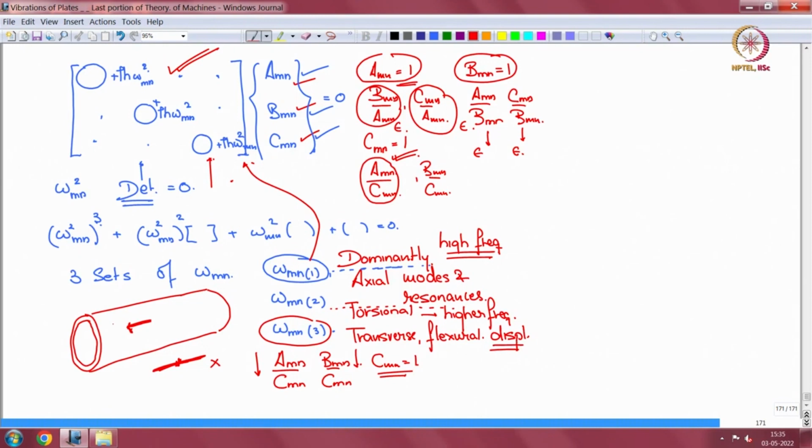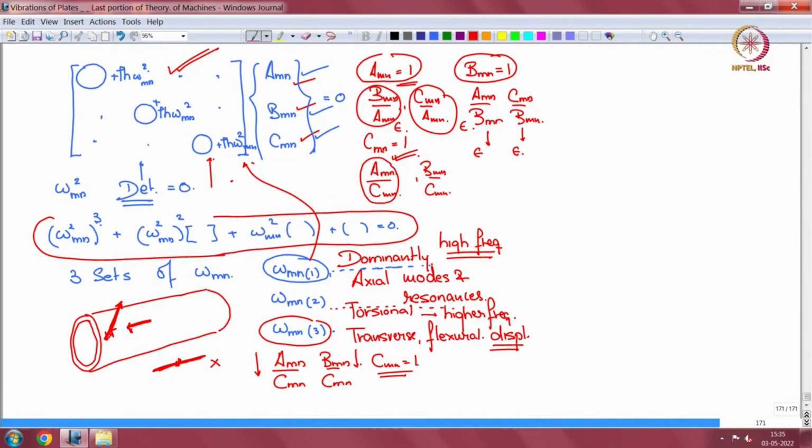So in these frequencies the shell is moving radially outward dominantly, even though it could have a slight torsional movement and axial movement. That's how the natural frequencies pan out for a curved shell because of coupling. So that is the other point.